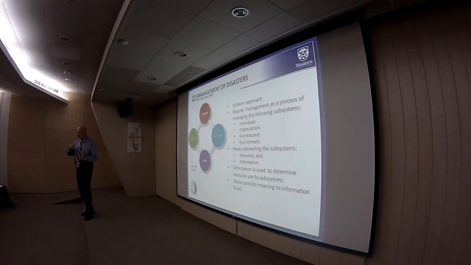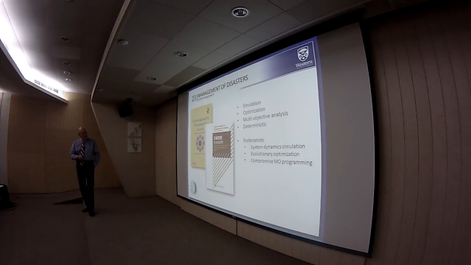It depends on our exposure, our experience, and that's where I think this social aspect of the system that we are dealing with is coming into the picture. So values are providing the meaning to information flows, and by providing the meaning to information flows are basically affecting the whole process of managing these complex systems.